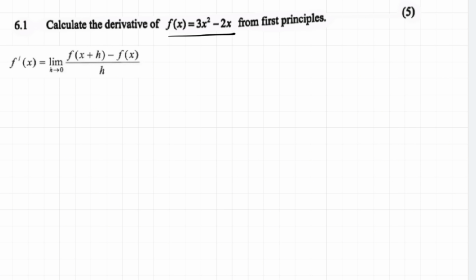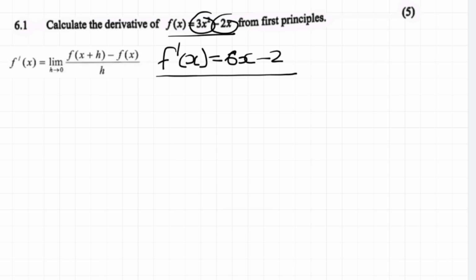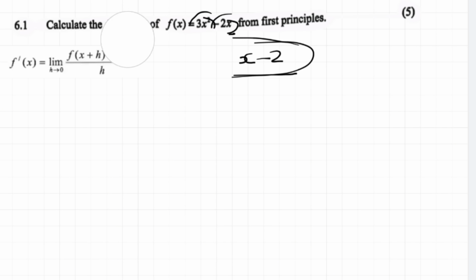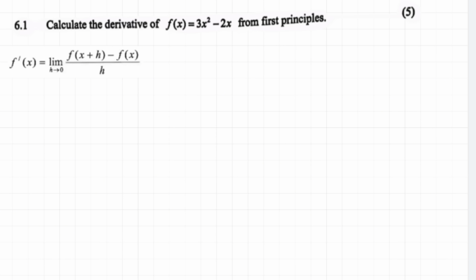If you differentiate, f prime of x is going to be 6x minus 2, just like that. But with first principles, they just want you to make use of this formula to find this answer. So even if you already know the answer, you just need to show them how you're going to find it.